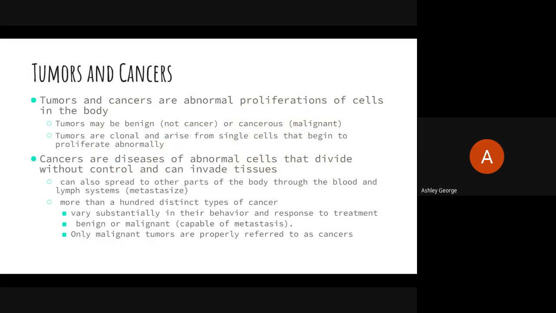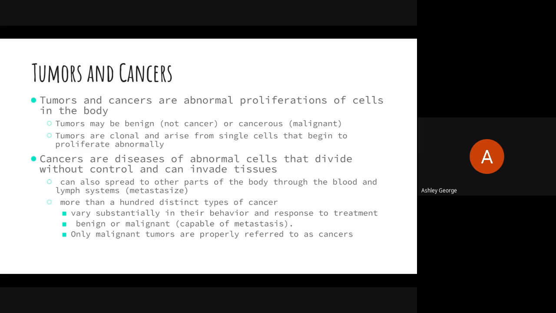So this slide is pulled from the lung cancer presentation that was done a while ago. It basically goes over tumors and cancers. I figured I would briefly go through this as we have some newer people here. Tumors and cancers are abnormal growths of cells, and tumors can be either benign, which is non-cancerous, or malignant, which would be cancerous.